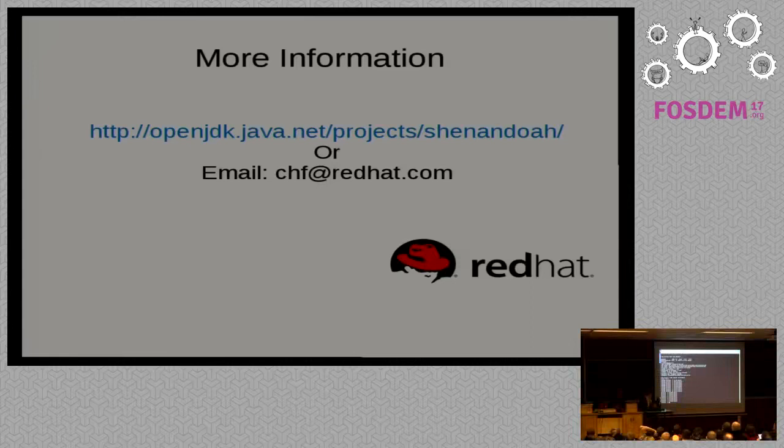So how about Shenandoah? So who is saying that Shenandoah would be slower than G1? Of course it would be. Who is for faster? Of course, yes. So for Shenandoah, you have the write barriers for every write, not only for the pointer writes, and you have the read barriers, right?